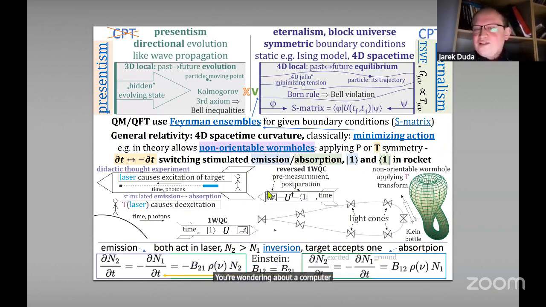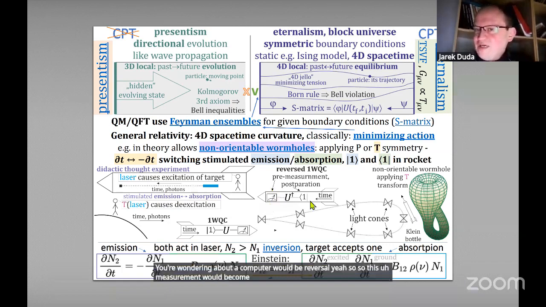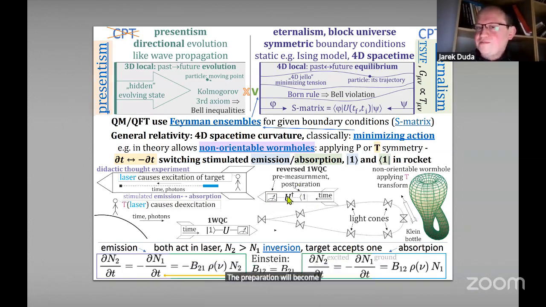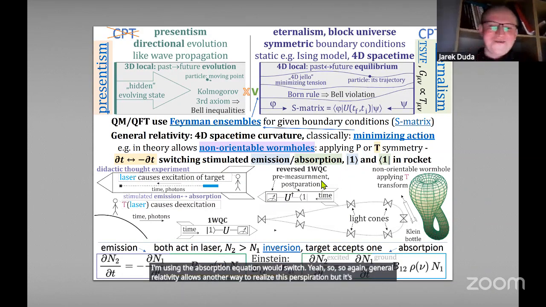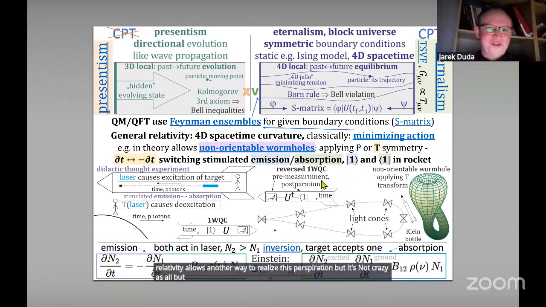This measurement would become pre-measurement. The preparation would become post-preparation. The stimulated emission and absorption equations would switch. So again, general relativity allows another way to realize this post-preparation, but it's more crazy. But that's another theoretical way.